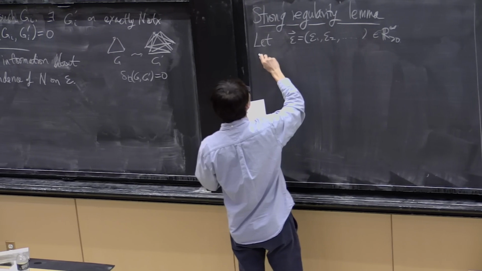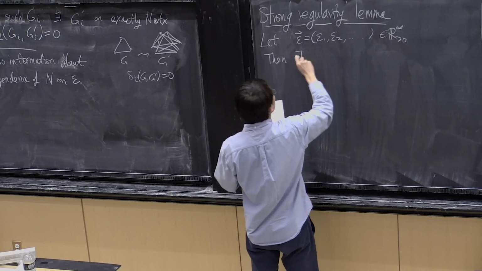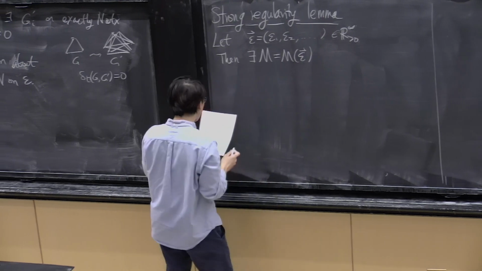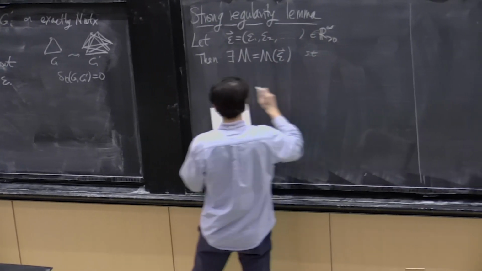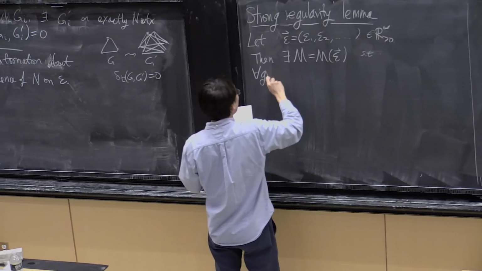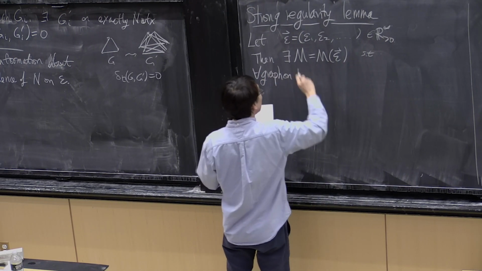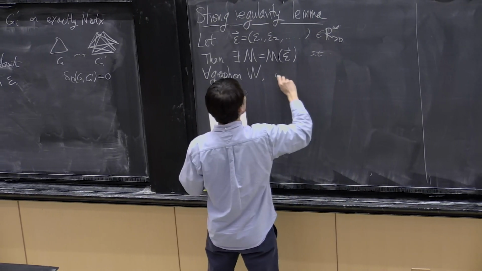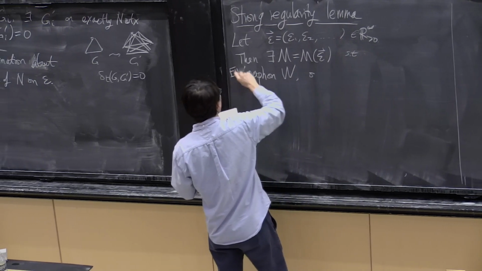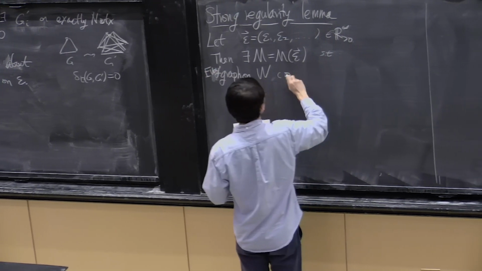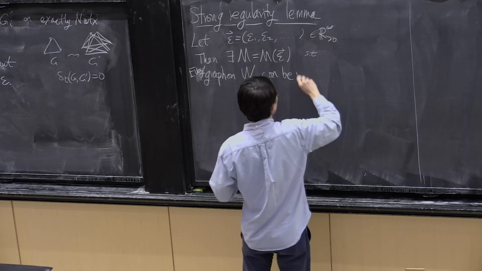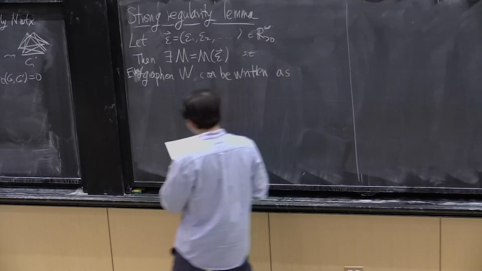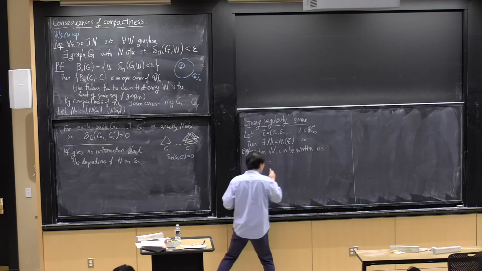The claim is that there exists an M which only depends on this vector, such that for every graphon W, every graphon W can be written in the following decomposed way.